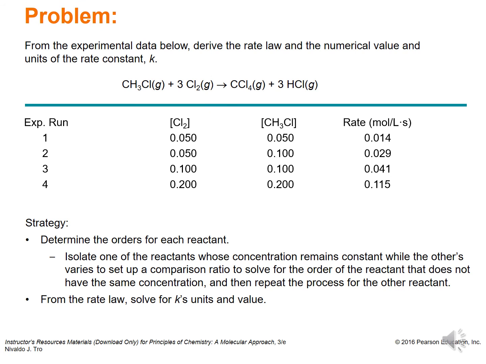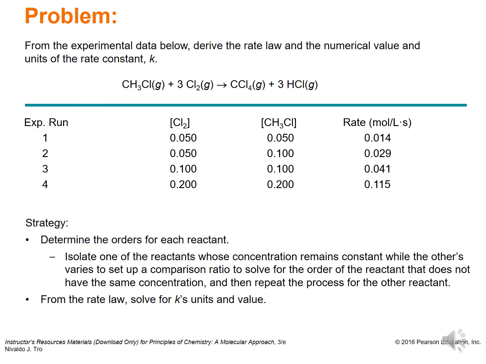In experiment runs 1 and 2, we haven't changed the chlorine concentration, but we've doubled the CH3Cl concentration, and that's roughly doubled the rate. Likewise, in reactions 2 and 3, we've kept the CH3Cl concentration constant and roughly doubled the chlorine concentration. So that's what you're looking for.